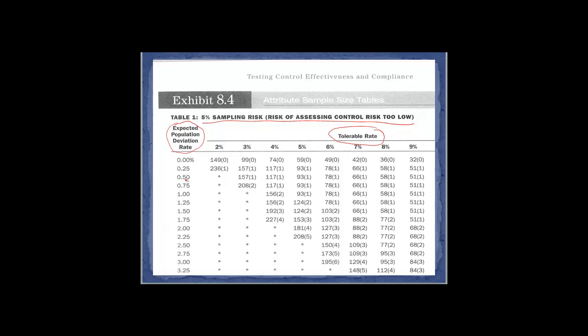So each audit program or each problem must specify one of the rows and one of the columns, and the intersection of the two, the number in the table, tells you the sample size. These numbers in parentheses are the number of control failures the auditor might find and declare that the control is operating as designed.